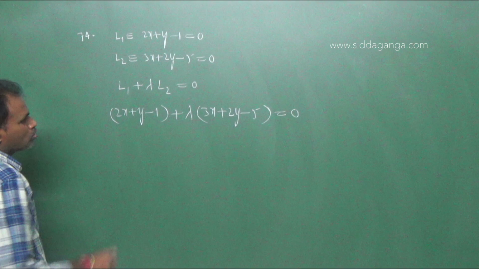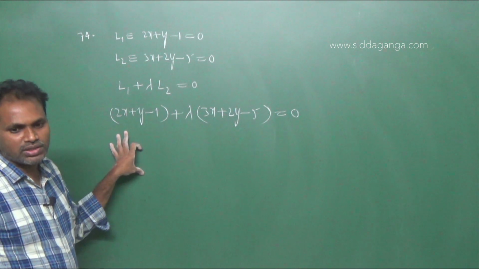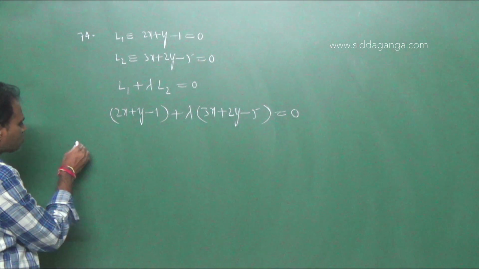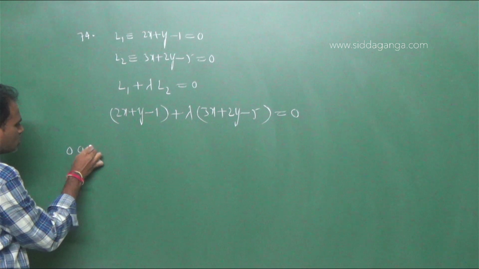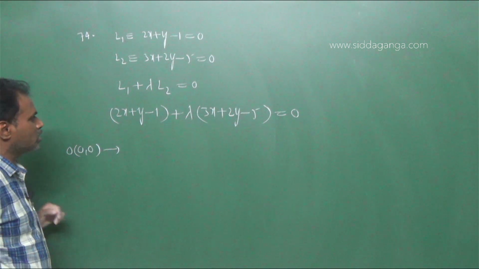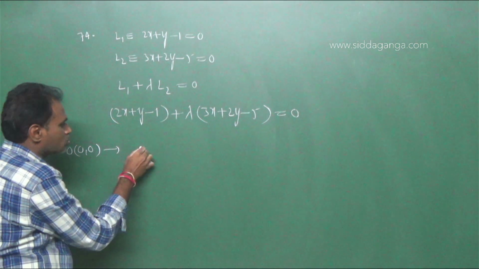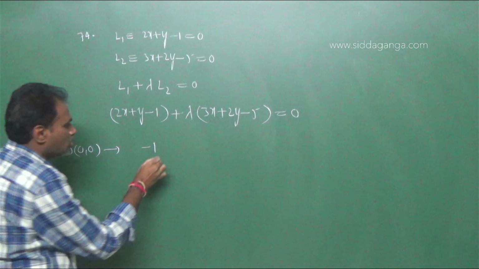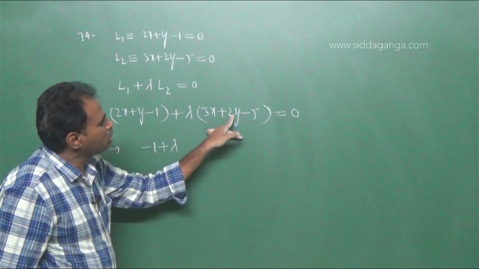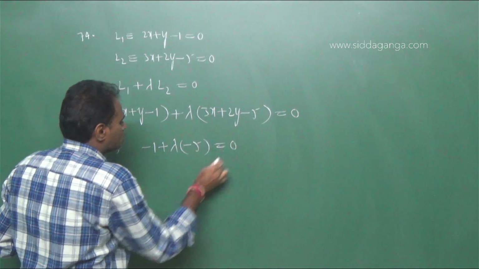Now, the line through the intersection of L1 and L2 is passing through the origin. Therefore, substitute 0, 0 in the equation: 2 into 0 plus 0 minus 1, therefore minus 1 plus lambda into 3 into 0 plus 2 into 0 minus 5 is equal to 0.